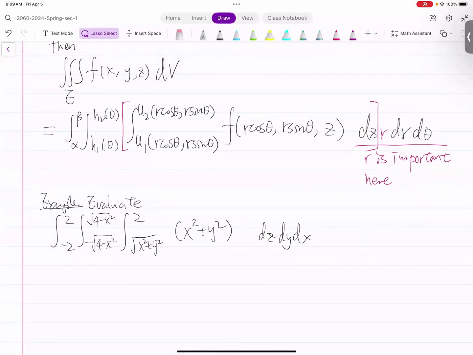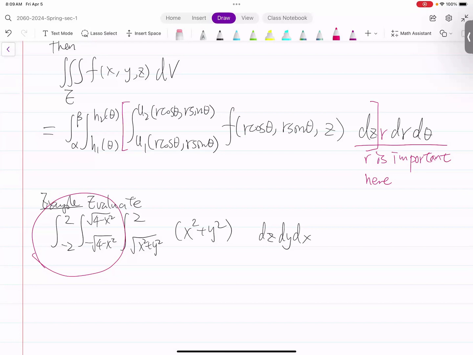So basically, we do see kind of a hint. For the region here, you can see x is between -2 and 2. My y value is between these two square roots, and it seems to relate to a circle, right?